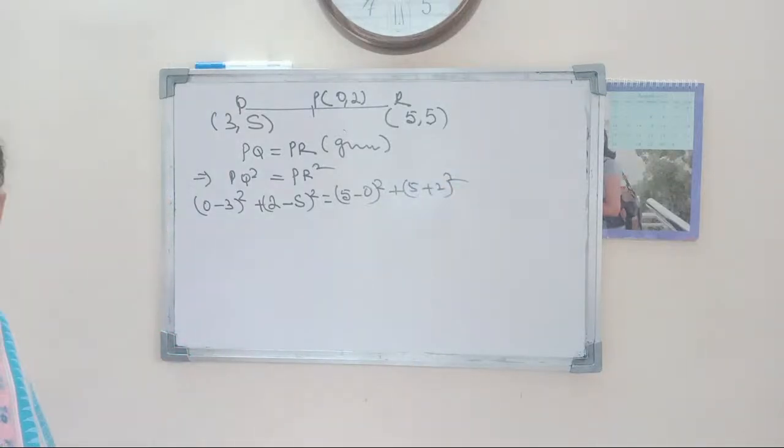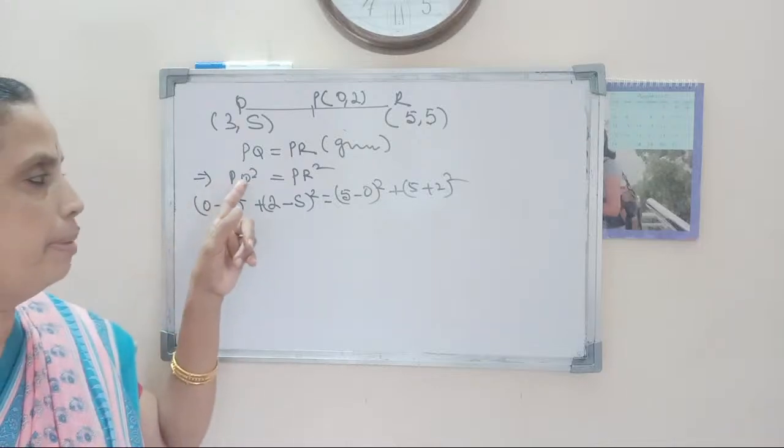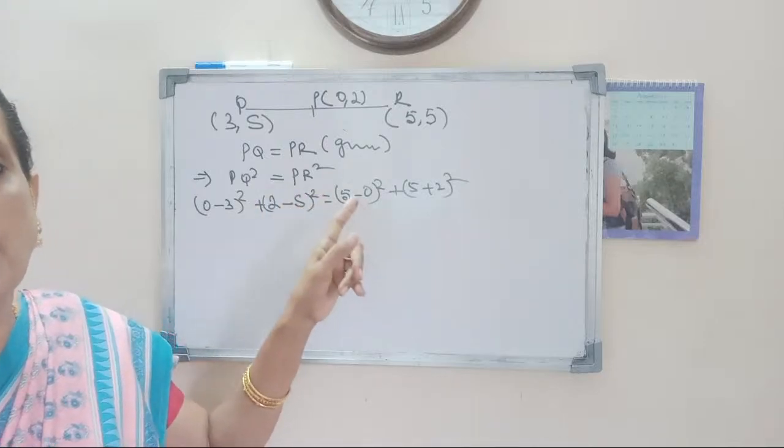On both sides I have removed the square root because we have taken the distance as PQ square equals PR square.